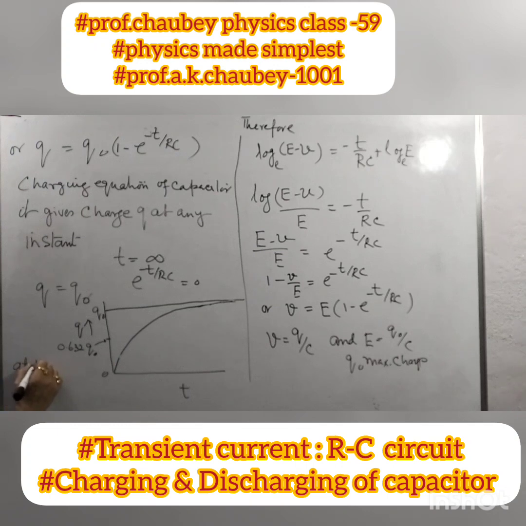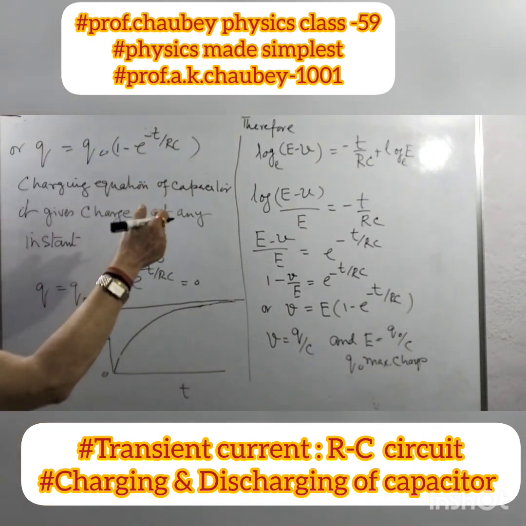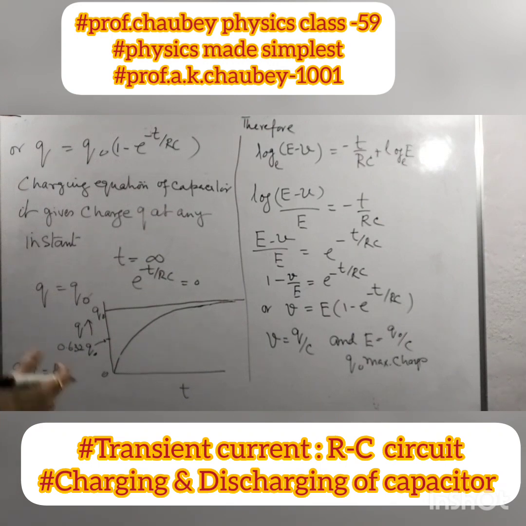Then e to the power minus 1 is 1 upon e. So 1 minus 1 upon e, with e about 2.7, gives the value 0.63. So Q is equal to 0.632 Q naught.